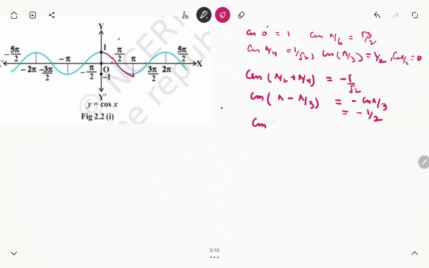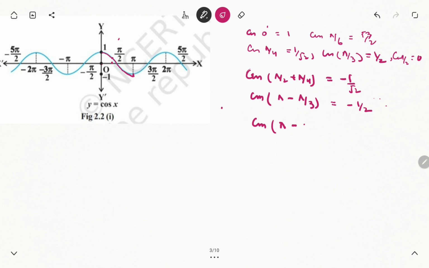Cos of this is 60. Cos of 150, that is pi minus pi by 3 will be, I'm sorry, this value will be what? This is 180 minus 60, 120. So cos 60 की value लेगा minus 1 by 2, right?